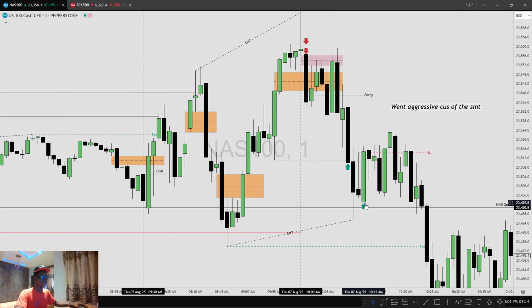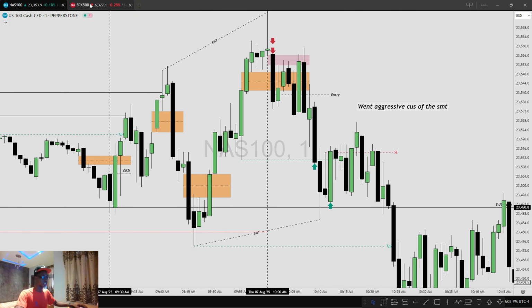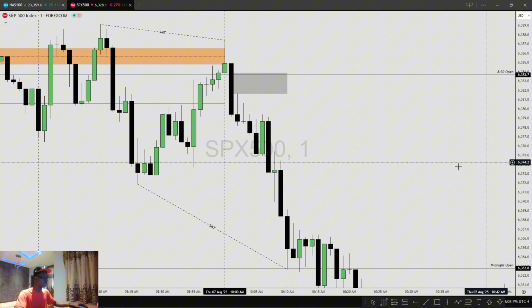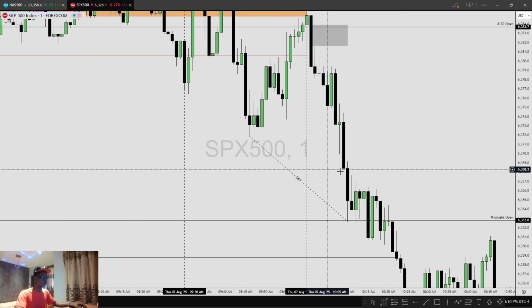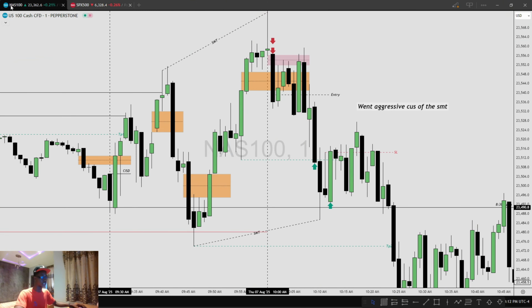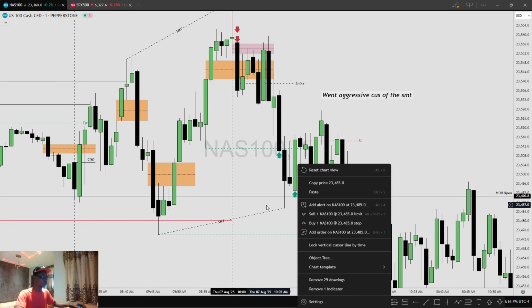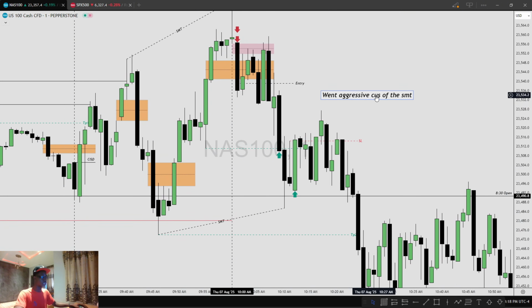But my second take profit didn't end up getting hit. And that was because if we look right here, you can see the S&P 500 is really pushing to the downside. The S&P 500 has already taken out sell side, but in the NASDAQ 100, we hadn't taken out sell side at that time. So I ended up going really aggressive because of the SMT. Like I literally said it.